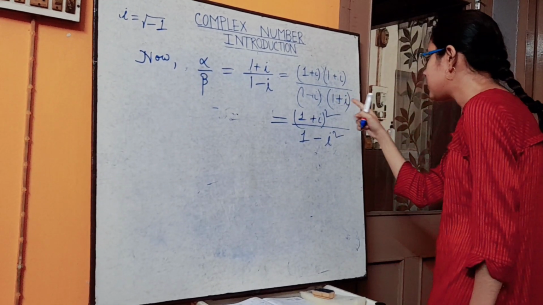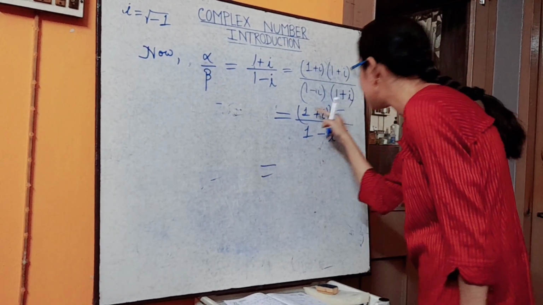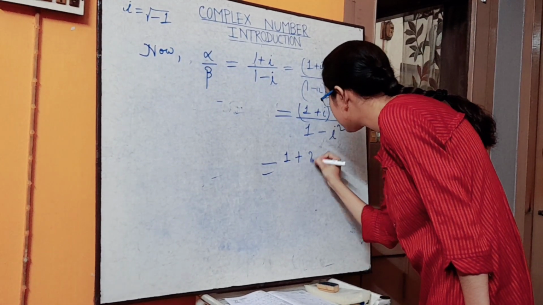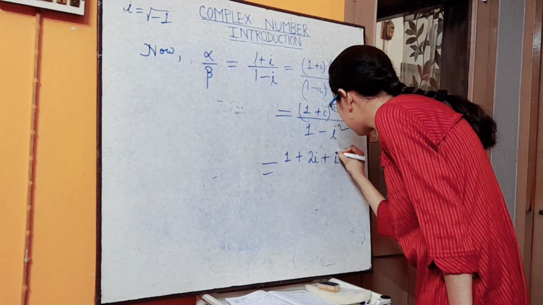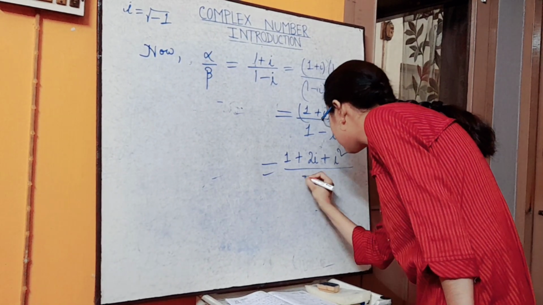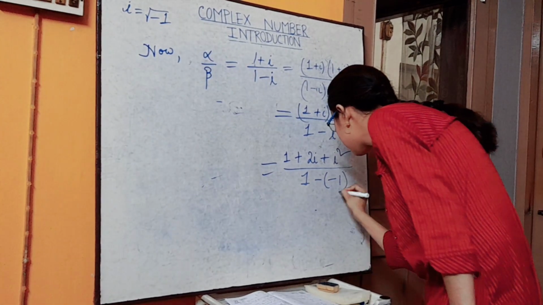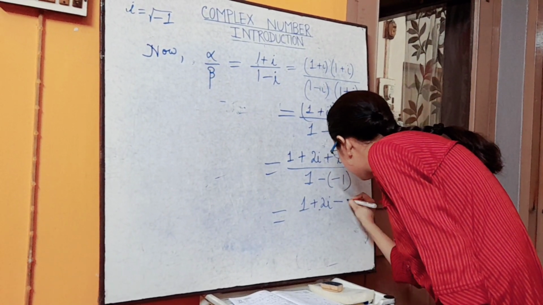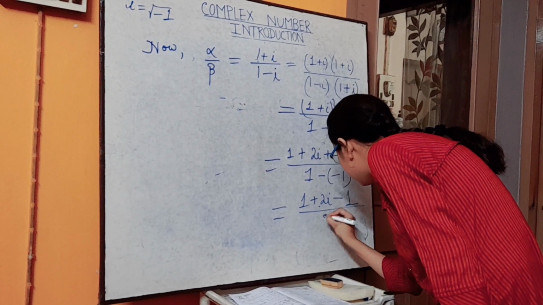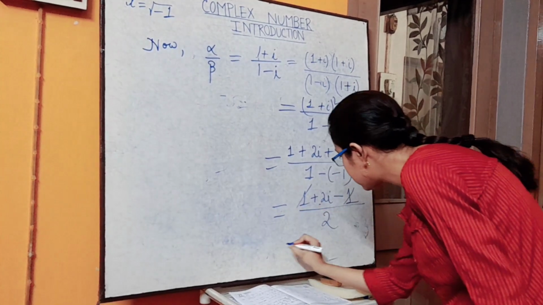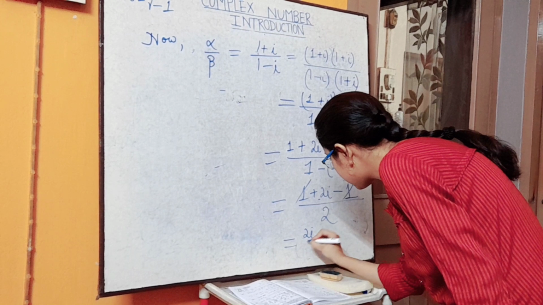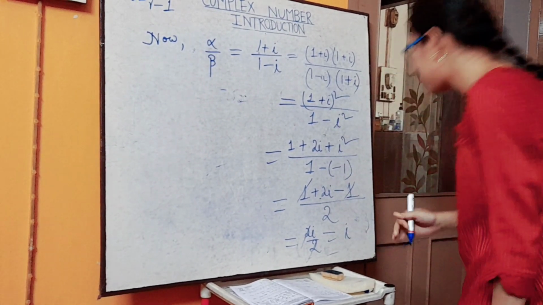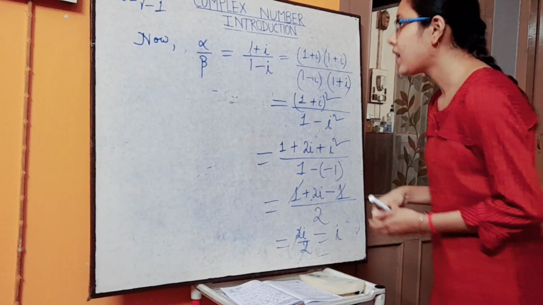This is the a square minus b square formula, and this is the (a plus b) whole square formula. So here alpha by beta becomes i.